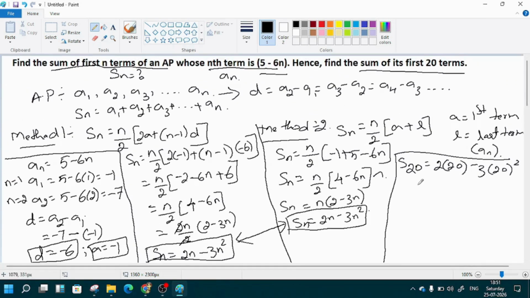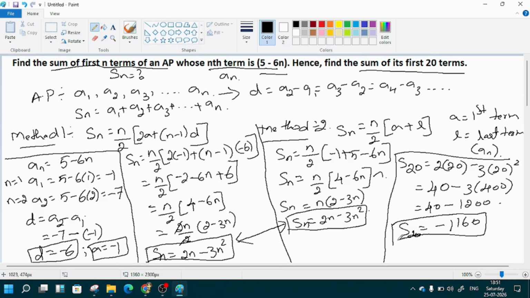So here it becomes 40 minus 3 into 400. So 40 minus 1200, this is nothing but minus 1160. So this is your sum of the first 20 terms.